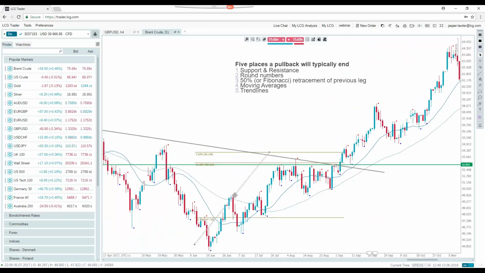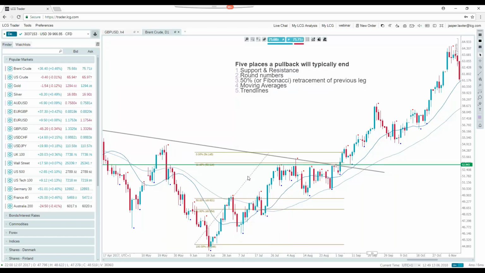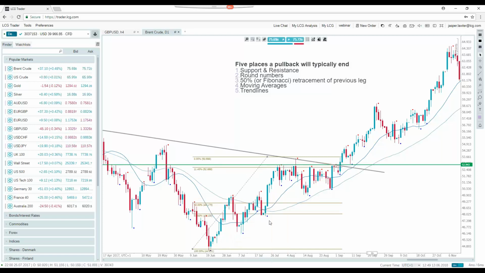So let's just add in 100. You can see that this little price surge has just happened, and we're up around here somewhere, and we're waiting for the pullback. You could draw it right from the bottom.